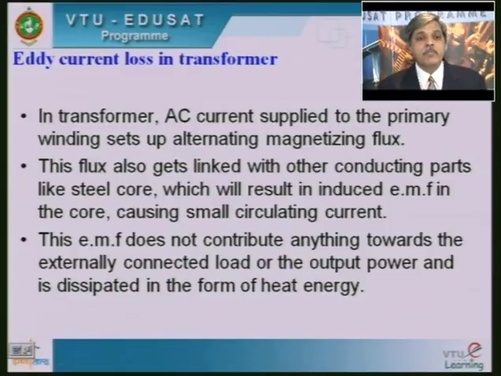Therefore this energy is just wasted in developing heat, so the temperature of the core will increase. If the temperature continuously increases and goes beyond a limit, then the magnetic properties of the core will change. Because of that, I need to minimize these eddy current losses.